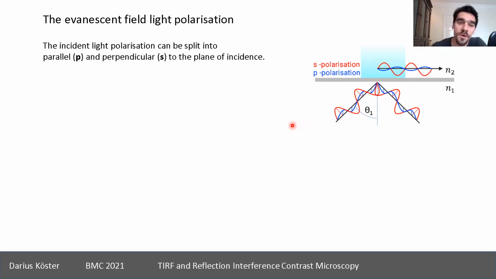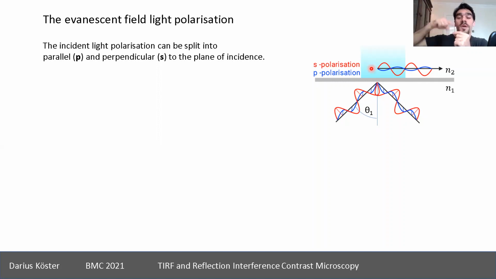What's important to keep in mind is that the S polarization in the evanescent field maintains its polarization. So the evanescent field S polarization will stay linear; there's no other component going in. Whereas in the P polarization plane, we will have an additional component along the longitudinal plane, which gives a phase shift to the polarization and makes the polarization elliptical.